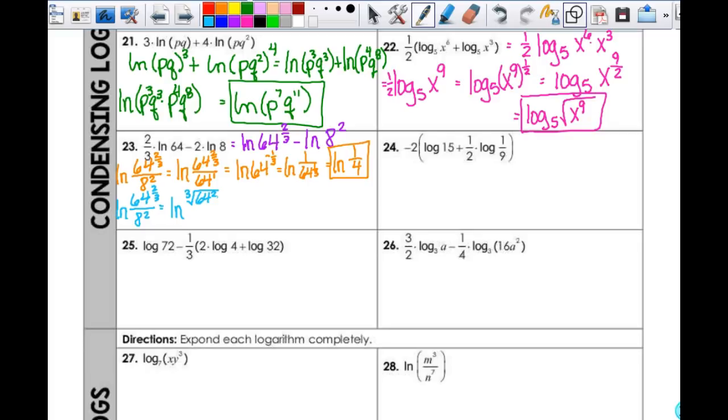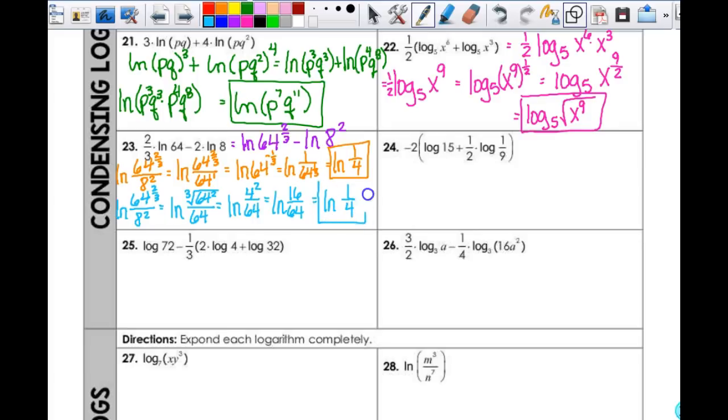Okay, but you don't have to square 64 first. You can take the cube root of it first, and then 8 squared is 64. So the cube root of 64 is 4. This is the natural log of 4 squared over 64, which is the natural log of 16 over 64. And then that gives you the natural log of 1/4.